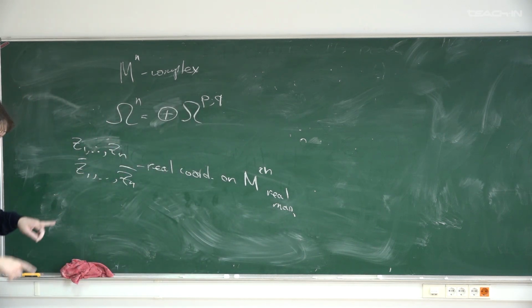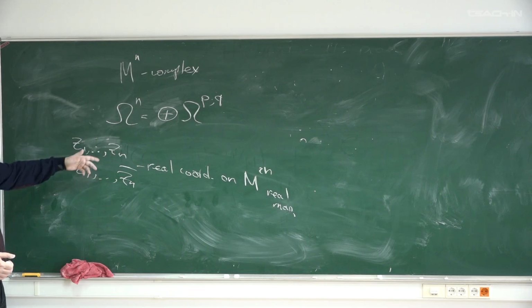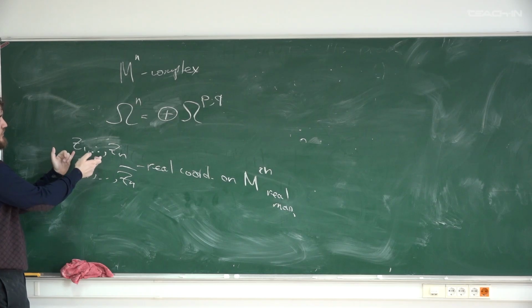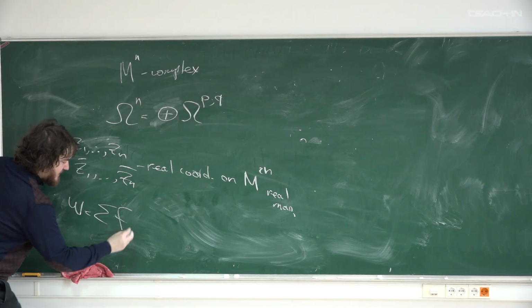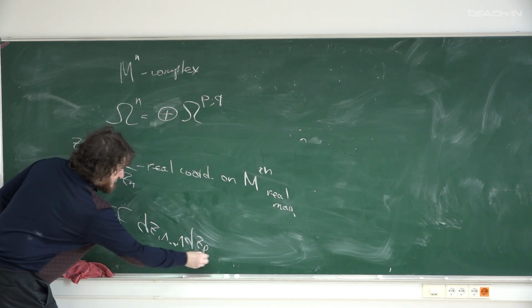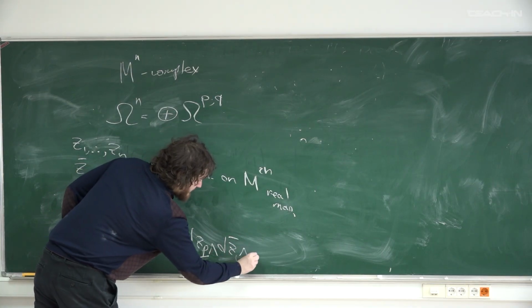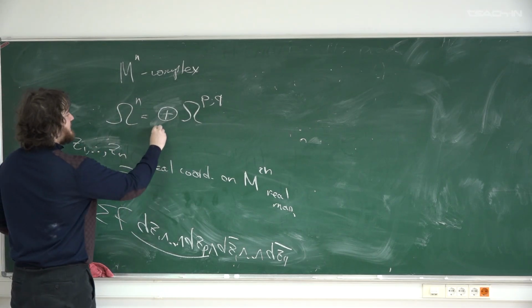And you can write down any real differential form in terms of these coordinates, and so you obtain some p forms. Any form has coefficients, some z, and others q, other conjugate. This is p plus q.